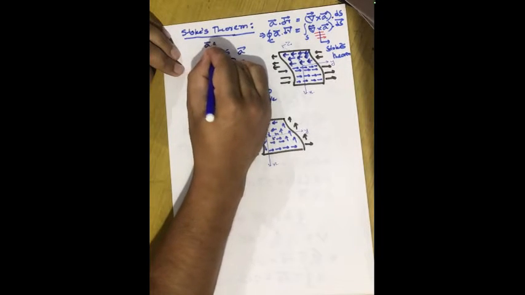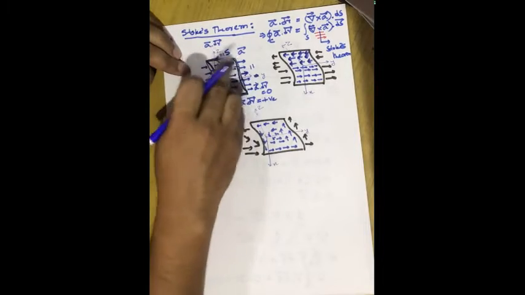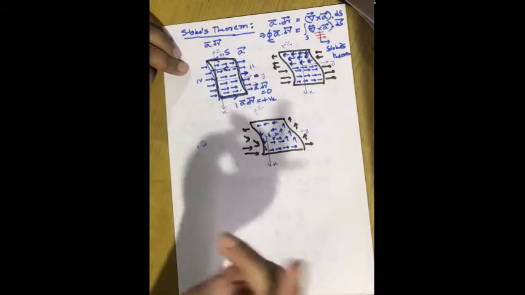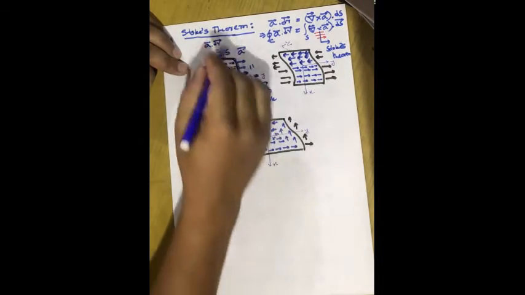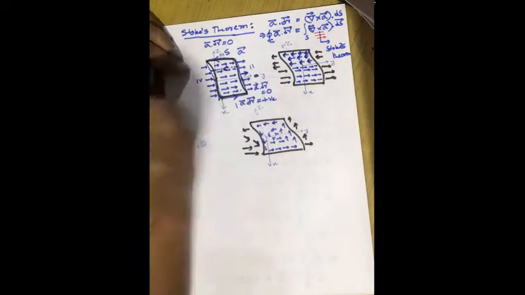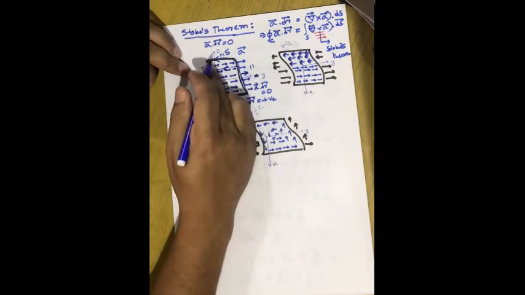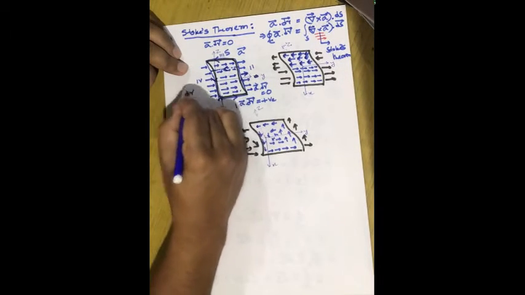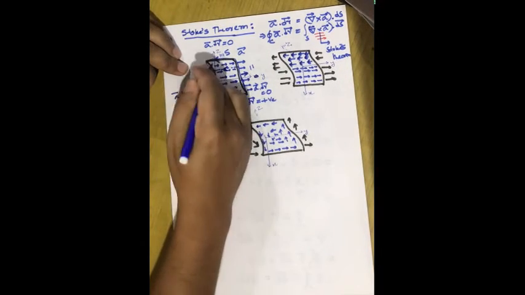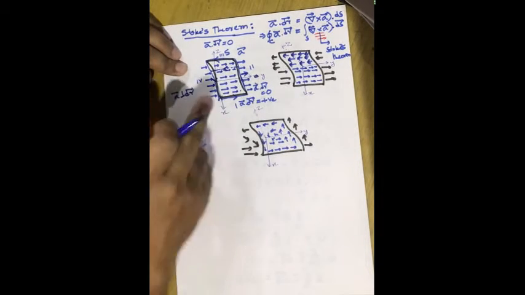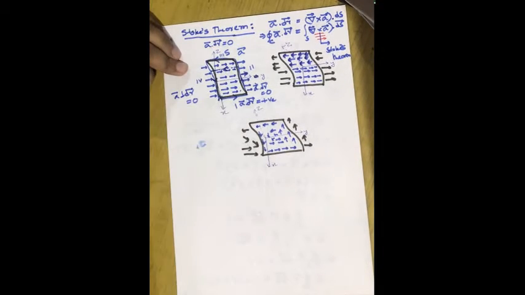The angle between A and dr will be 180 degrees. They are anti-parallel to each other. Again along this direction, dr and A will be perpendicular to each other along the fourth path, so here also the value is equal to 0.